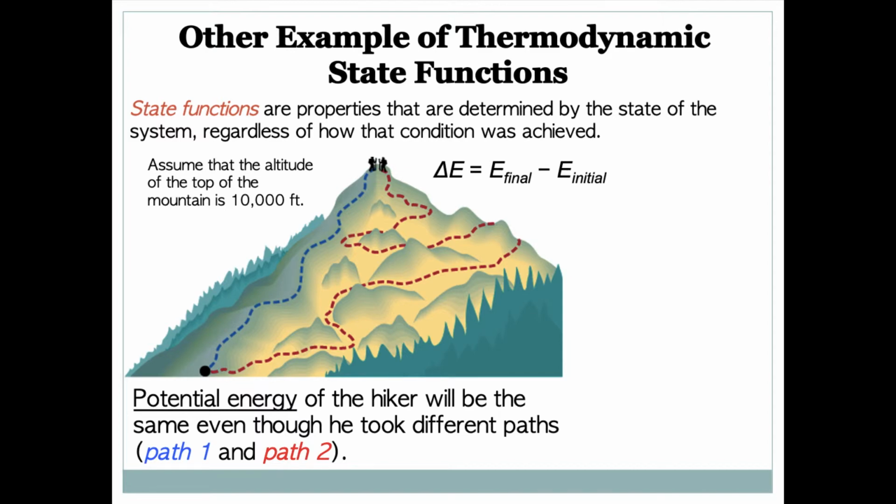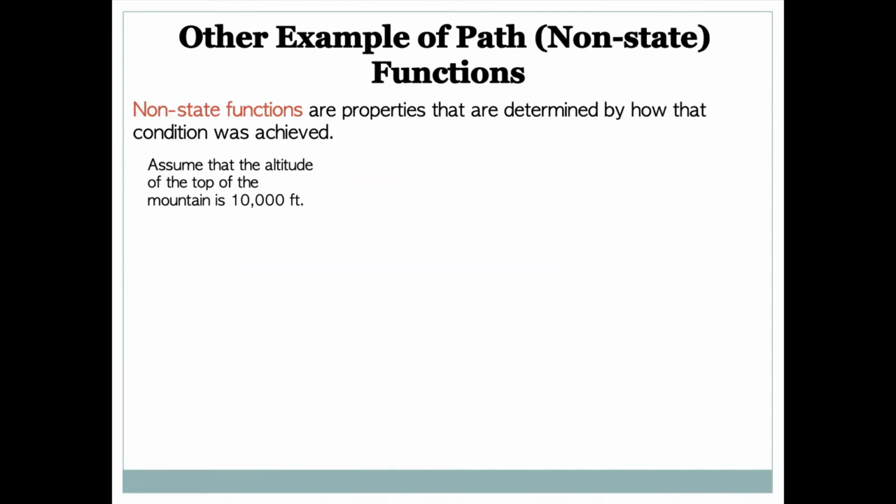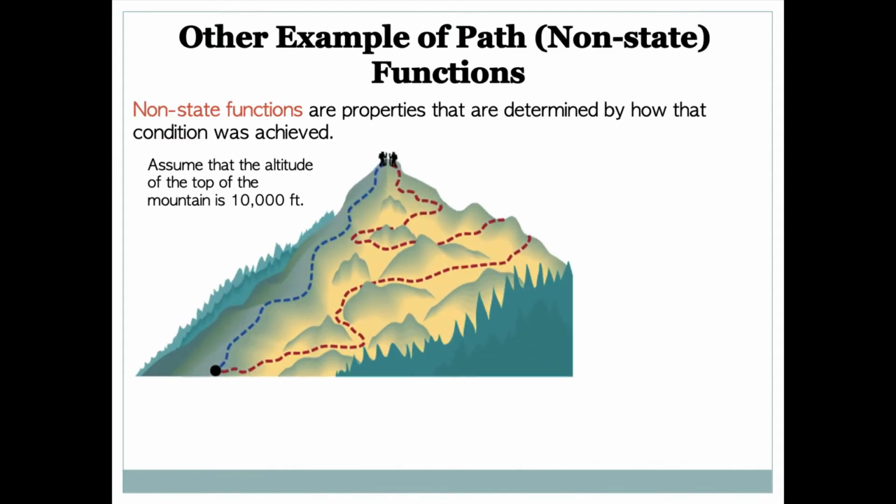Now, think about what's affected by the path that this hiker takes. Clearly, the distance traveled is affected by the path that this hiker takes. If he takes this direct path, he only needs to travel 5 miles.